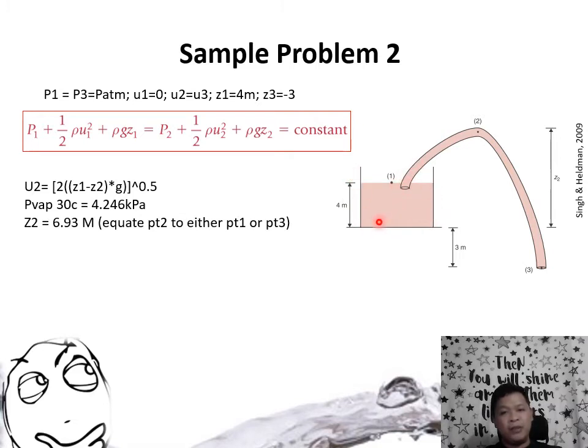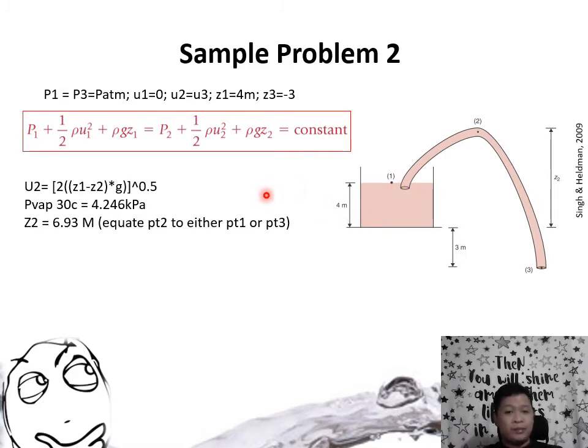So we have 3 points here actually. The top of the fluid that's being siphoned out, the what do you call this? The maximum height of the siphon tube over the hypothetical hill, and the point kung saan lalabas yung fluid, which is lower than the point ng height ng fluid na pinagkukunan.